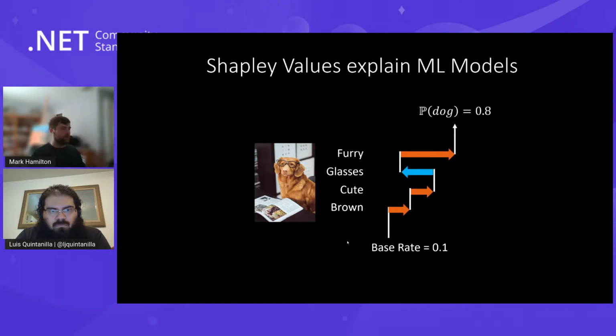So it allows you to take your probability and figure out which features corresponded to the prediction of your model. In this particular case, we see that the dog's furriness was a really big predictor of the fact that this model spit out dog as the actual identification of this image. So you really get this fine-grained view of what's going on in your model through these Shapley values.